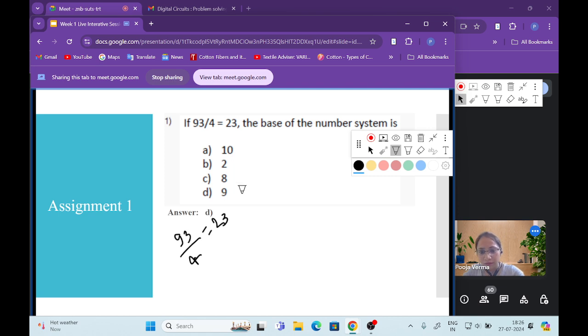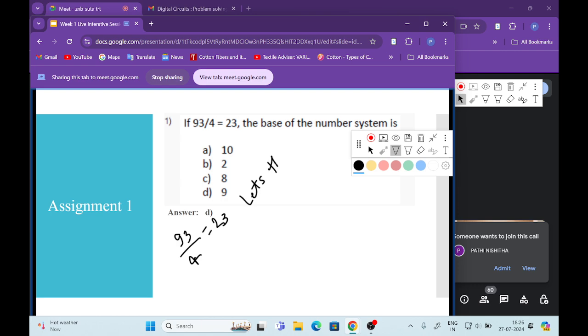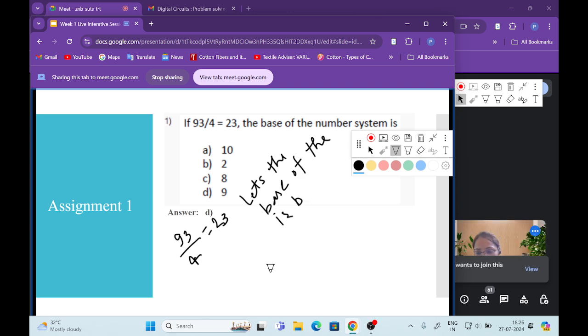So let's say the base of the system is B. We have to apply the base B in all of these in order to find the base.